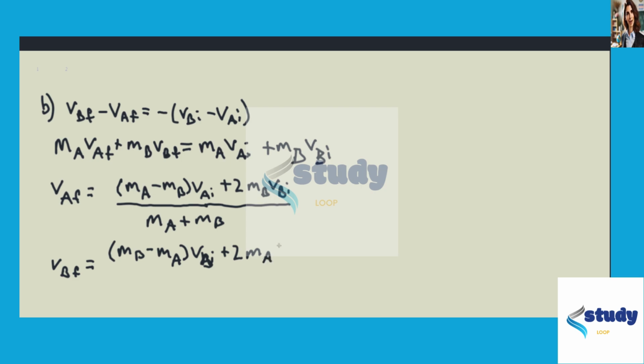I mean, these equations will reduce to that if one of them is stationary, and that's something you can check for yourself pretty easily.